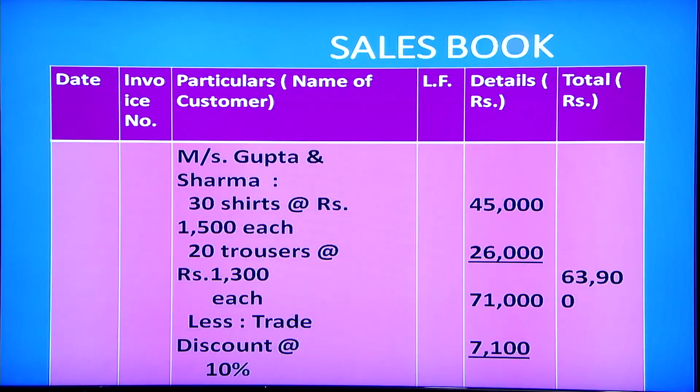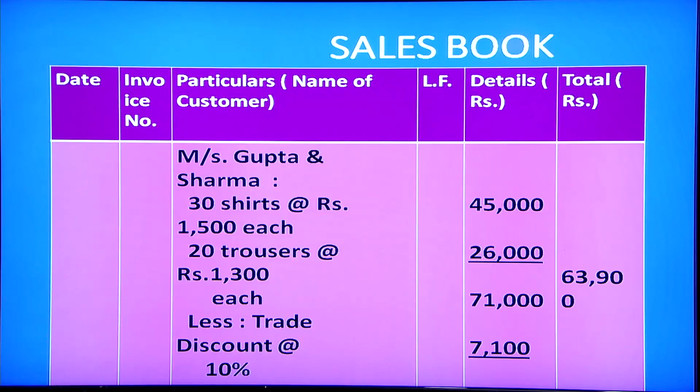Then coming to the answer, how we have to prepare the sales book. You have to prepare everything in the form that we have mentioned just now. The sales day book format is given: date, invoice number, particulars, ledger folio column, details and amount. In the details column, you will write the name of the party. 30 shirts at rupees 1,500 each, 30 into 1,500, 45,000.